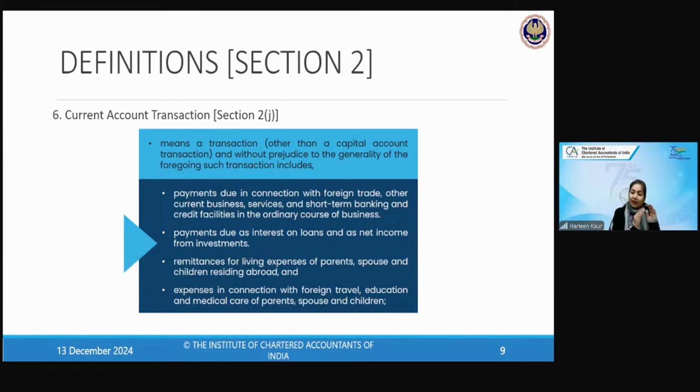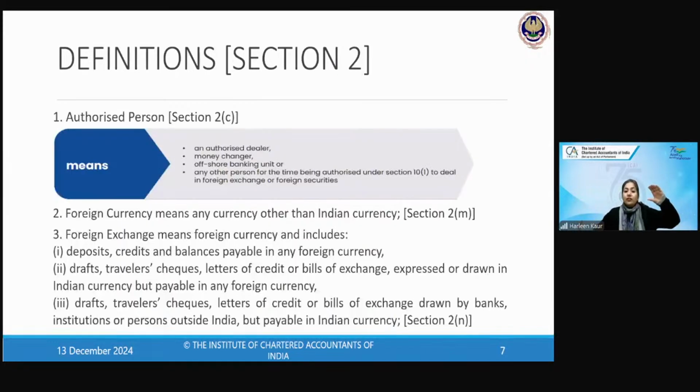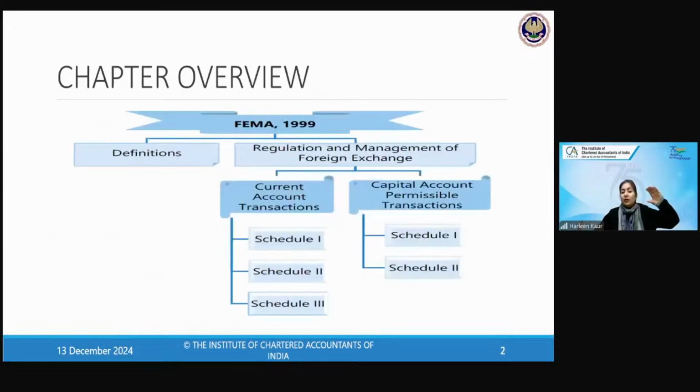Now, why have they divided transactions into capital and current? Everything related to your assets and liabilities is a capital account transaction. Schedules 1 and 2 of section 6 will define how they have to be treated, as I told you in the beginning. And then there are current account transactions, where you're meeting the expenses of your wife or children, or medical expenses, or any other money that you're paying in the ordinary course of business.